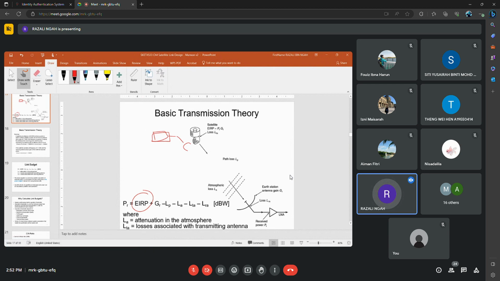Sometimes they might share the same antenna, with a transmitter and receiver. So we may use a duplexer to separate the transmitter and receiver circuits. GR is the receiving antenna gain. LP is the path loss. For this you use the free space path loss.